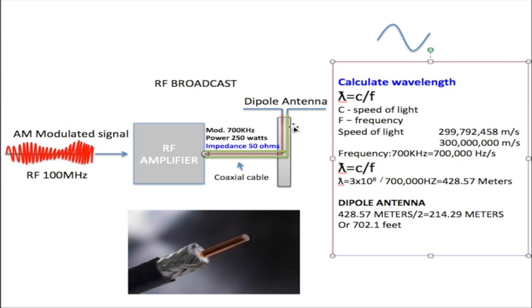Well, we would use an antenna analyzer. We would insert the antenna analyzer between the RF amplifier and the dipole antenna and continue to lower the antenna until the reading on the antenna analyzer is down to 50 ohms.